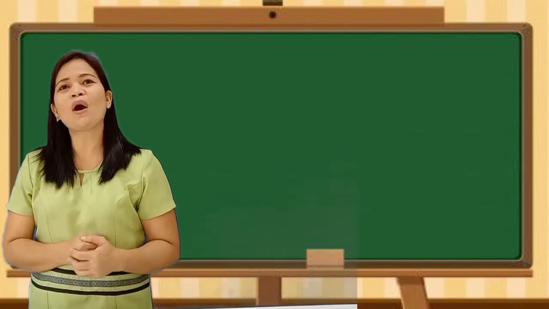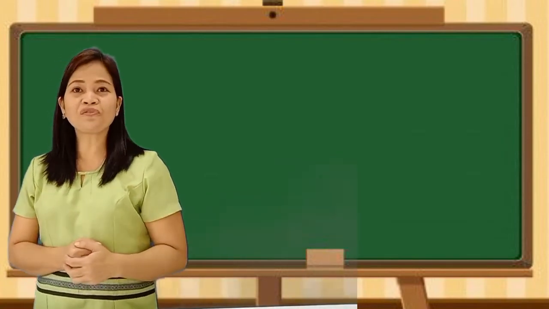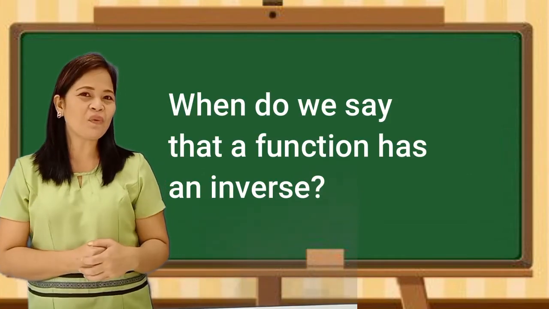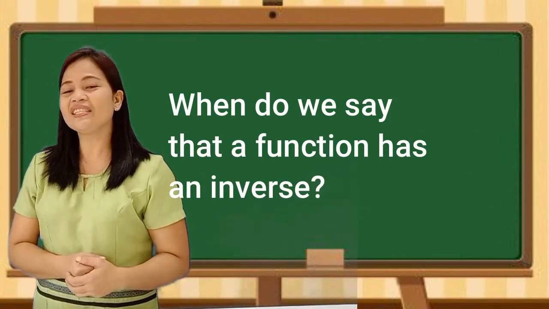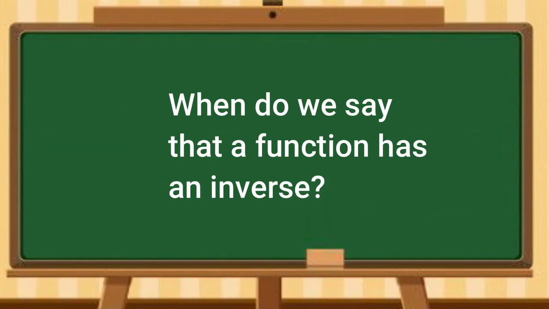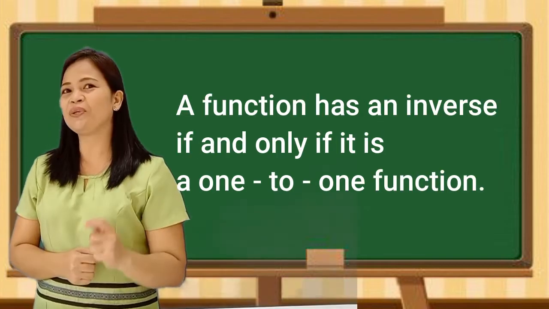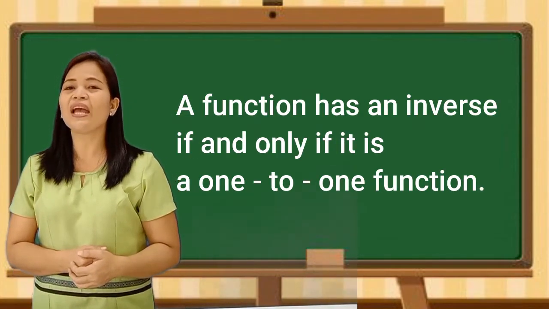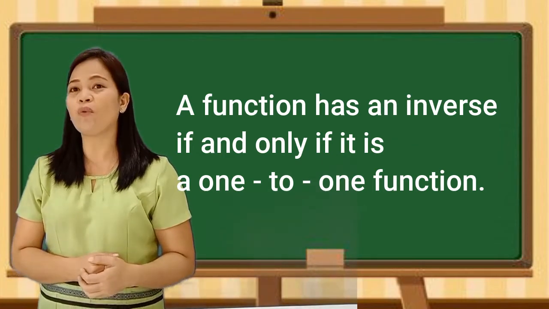Before we proceed to our main topic, let me check first if you can still remember the previous discussion. Question number 1. When do we say that a function has an inverse? Very good. We say that a function has an inverse if and only if it is a one-to-one function.